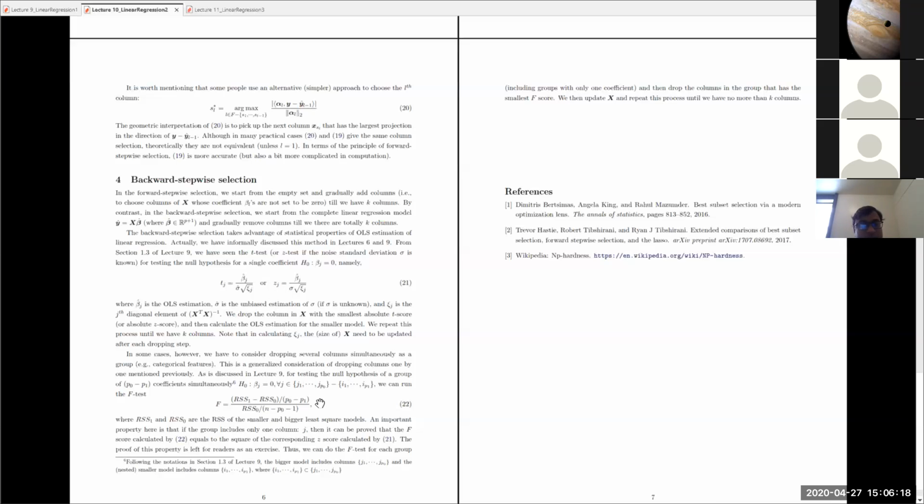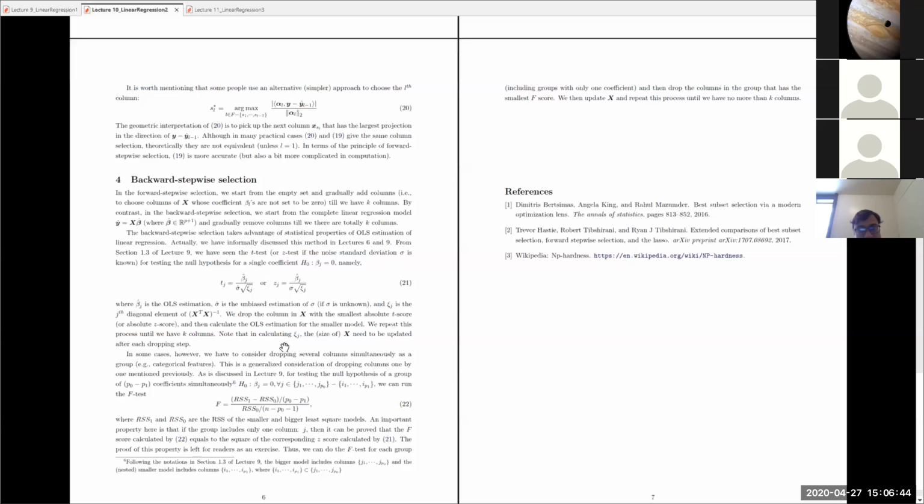And the second thing is that in this case, I can just use the f-test. Why? Because it's more generalized. It can handle the case that there are several variables in one group. Okay, then do the same. I'm going to run the f-test and keep dropping the one with the smallest f-test score until I have less than or equal to k variables or columns inside.